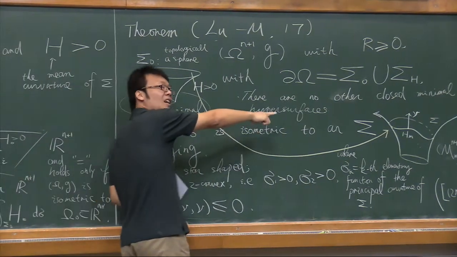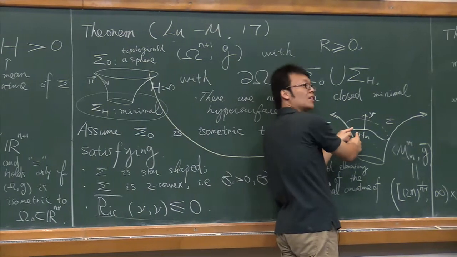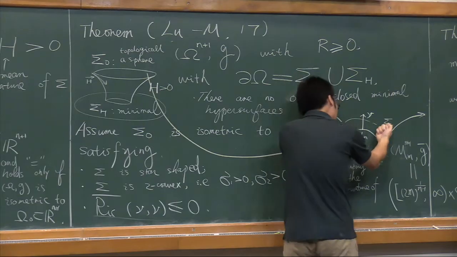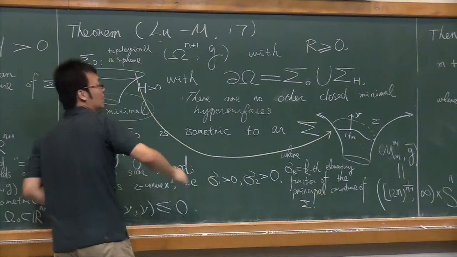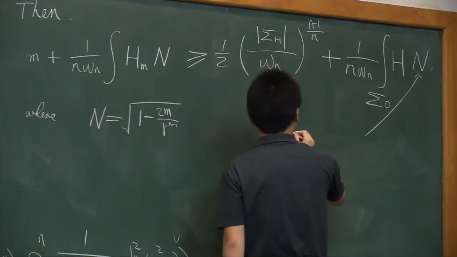This arrow is our assumption. Assuming sigma O is isometric to such a hypersurface, then the function n, which is the static potential, can be pulled back to sigma O, and that gives us the weight in this quantity. So the pullback.